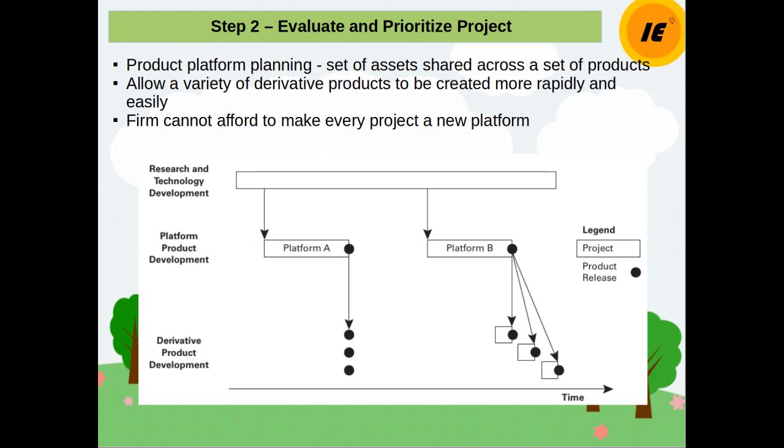So basically a platform, as the word means, will incorporate or create a base for different derivative products, full-fledged marketable products, to be generated on that platform. In the figure you can see that platform A will produce 3 derivative products, platform B will produce 3 derivative products, but marketed at different, consecutive times.